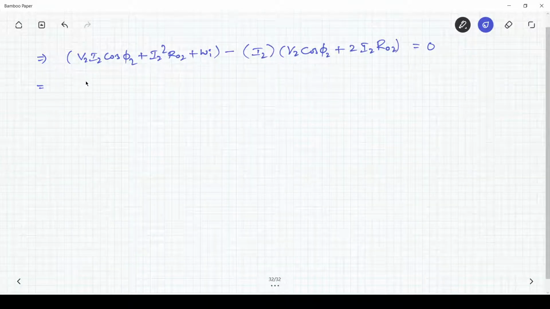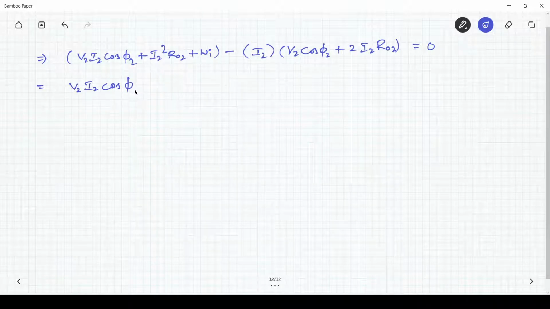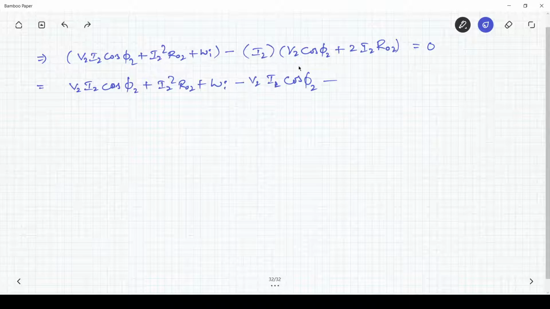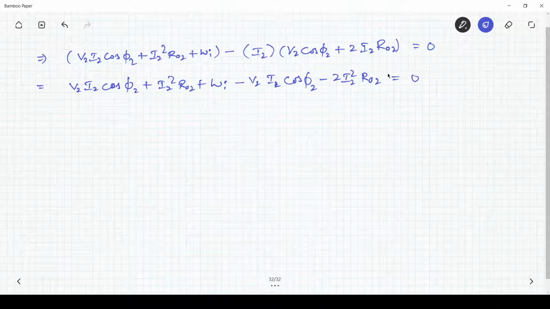Which is equal to V2 I2 cos phi 2 plus I2 square R02 plus iron loss, minus V2 I2 cos phi 2, minus 2 I2 square R02, equal to 0.